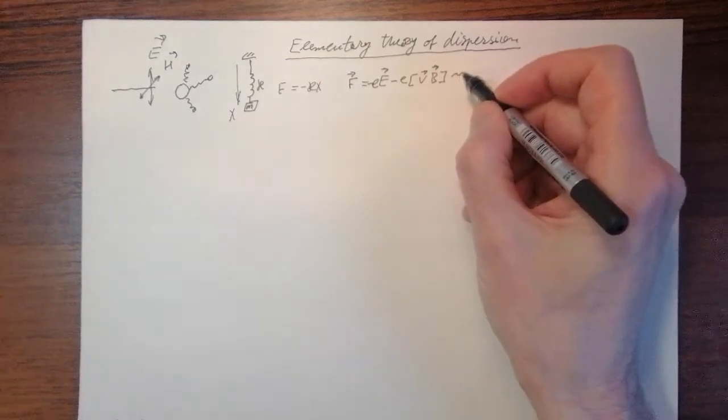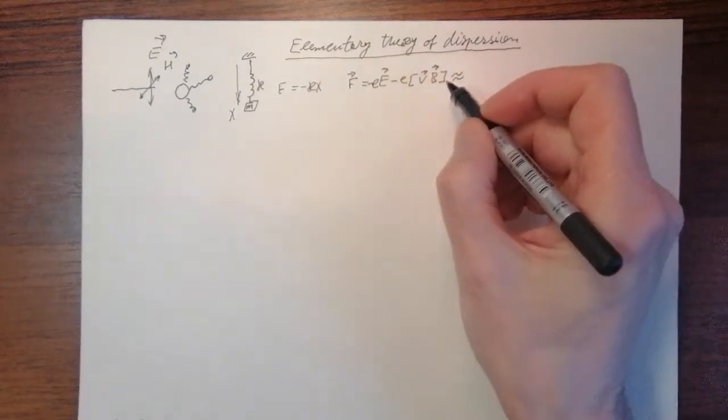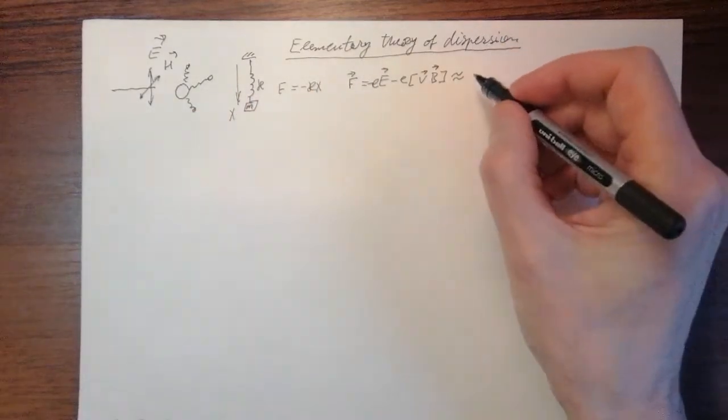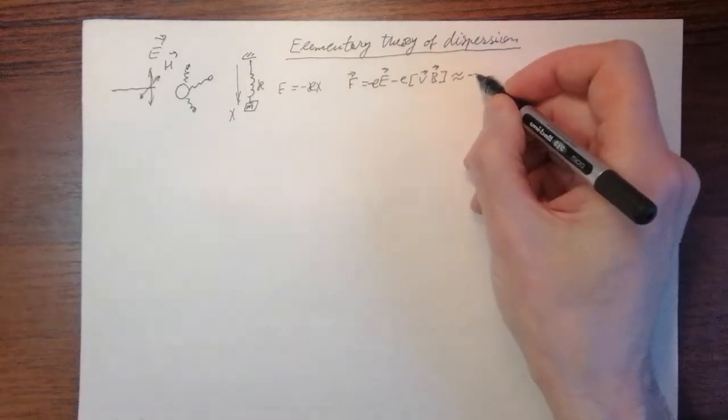So the force exerted on electrons from the side of the electromagnetic wave is approximately minus eE.